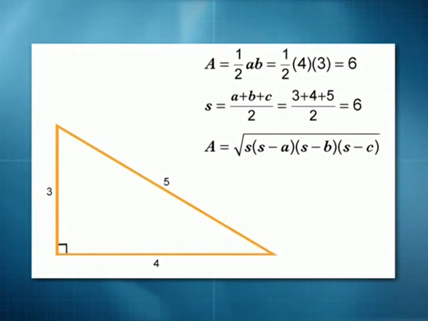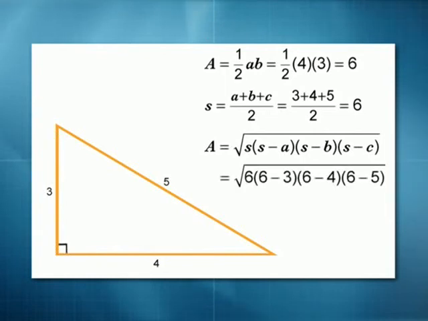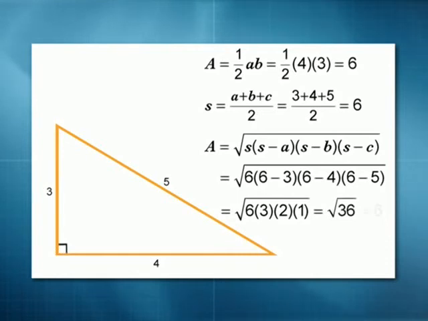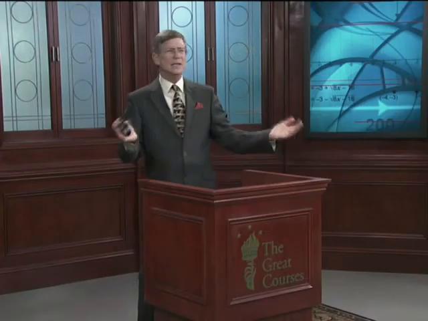Square root of s times s minus a, s minus b, s minus c, which gives the square root of 6 times 6 minus 3, 6 minus 4, 6 minus 5. If you simplify that, you get 6 times 3 times 2 times 1, square root of 36, or 6. Whew, the same answer. Isn't math lovely? You do a problem 2 ways, you come up with the same answer.